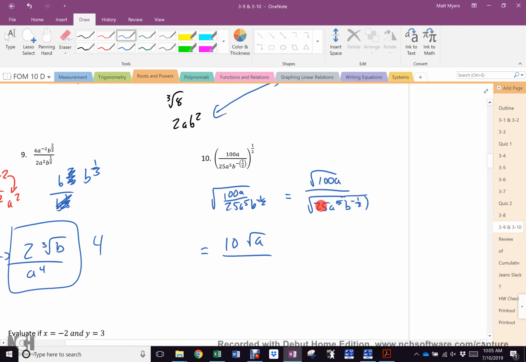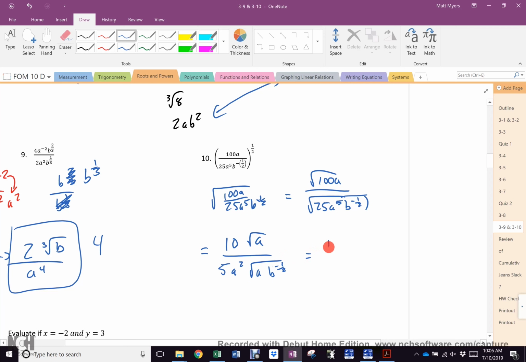Over, what's the square root of 25? 5. A to the 5th, I can get out a squared. And b to the 1/2, can't do anything with that. So now I've got a to the 1 and b to the negative 1/2. This is getting barfy, isn't it? It's yucky, right? Okay, so we could continue, but it's probably not a very good idea, is it? Because this is a mess.